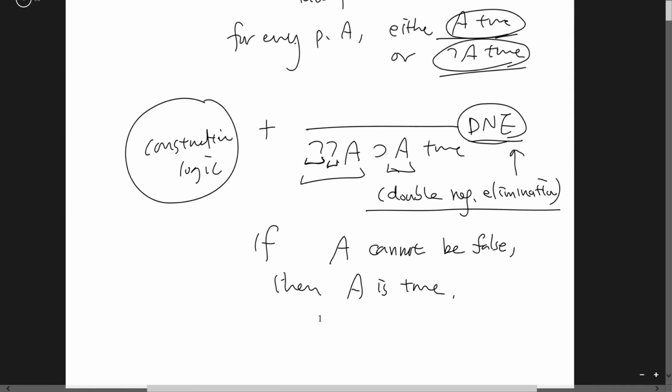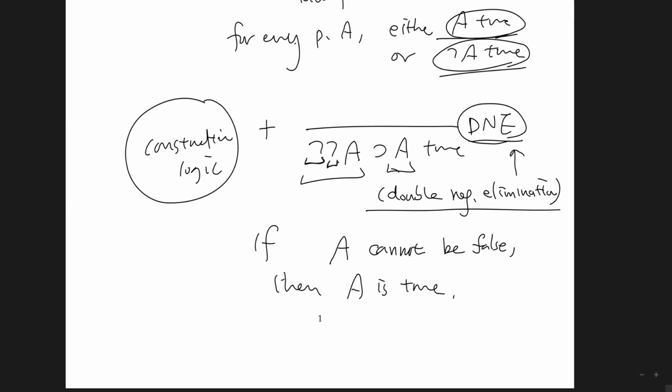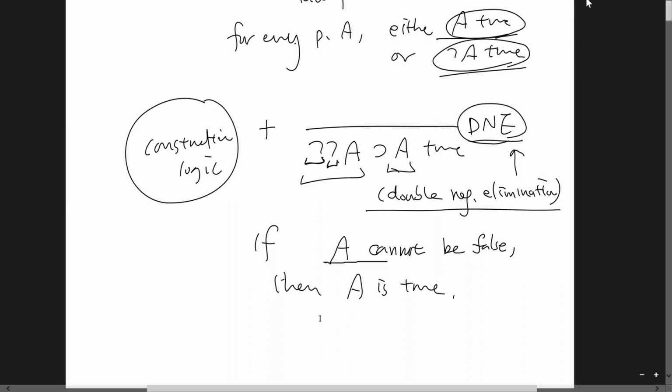There are only two choices, either A is true or A is false. So if A cannot be false, then it must be true. That's what this inference rule, double negation elimination, states.